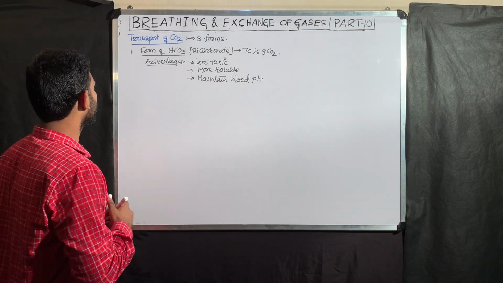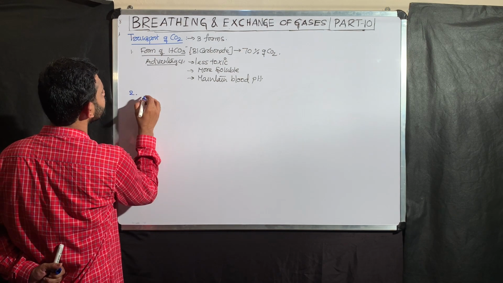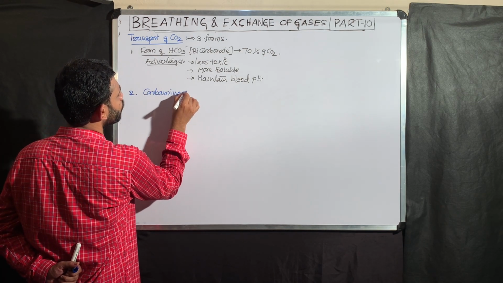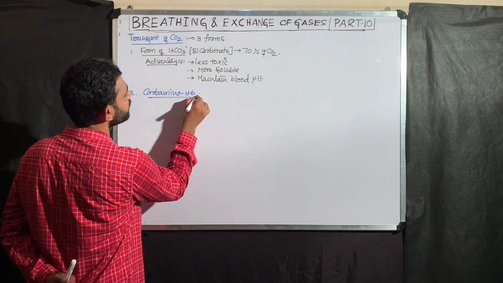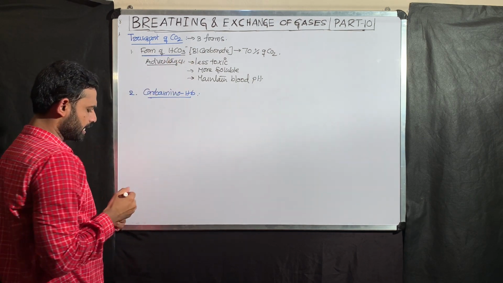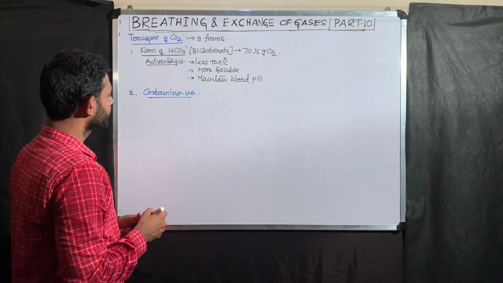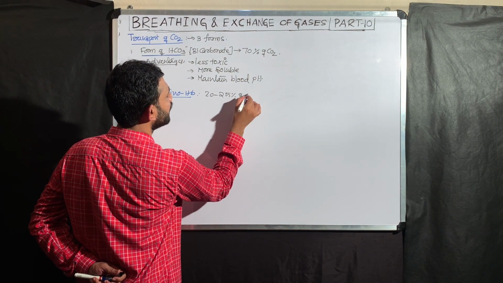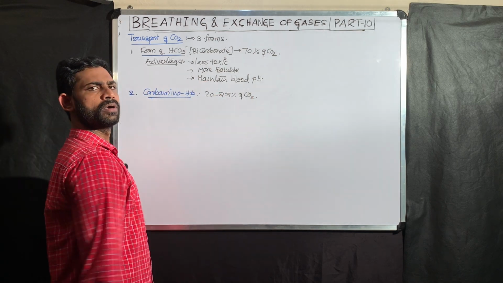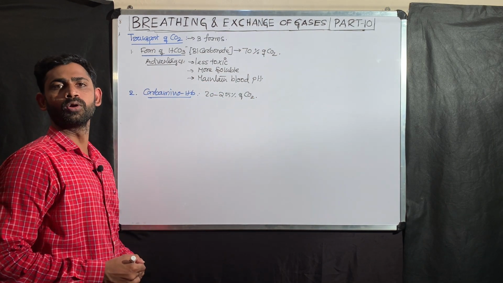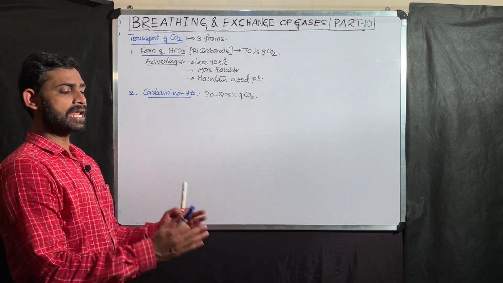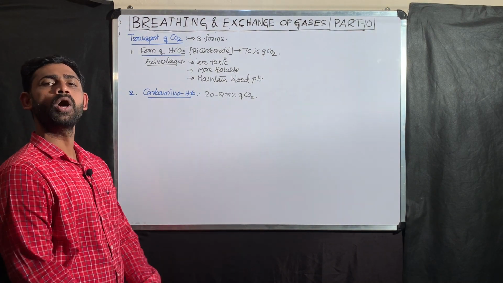The second form is carbaminohemoglobin, that means by associating with hemoglobin. 20 to 25% of carbon dioxide is transported by combining with hemoglobin. But in the case of oxygen, 97% is transported by association with hemoglobin.